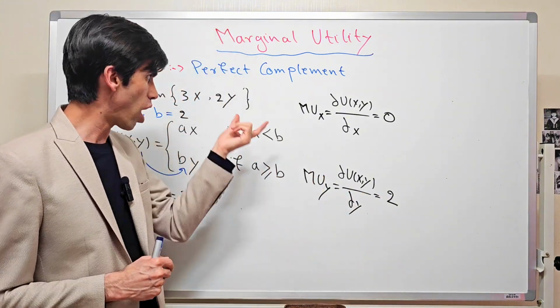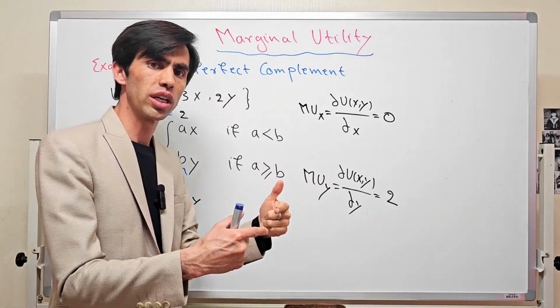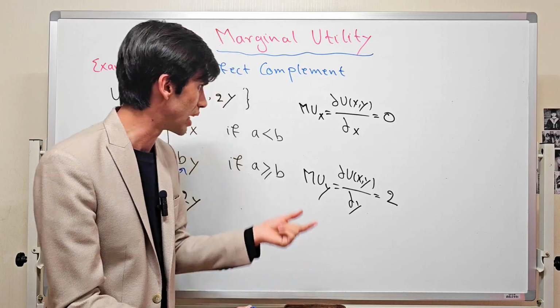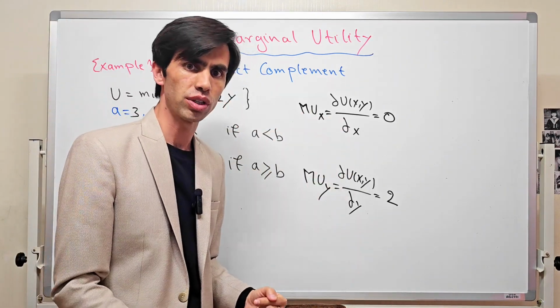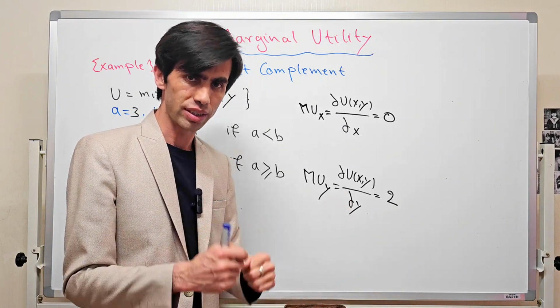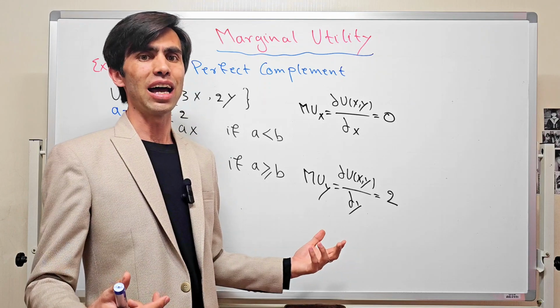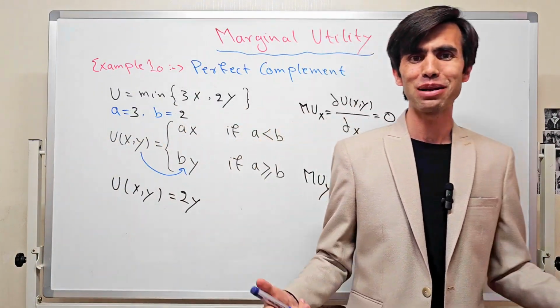But if y is the minimum value in this utility function, then the marginal utility of y will be equal to the coefficient of y, and the marginal utility of x will be equal to 0. So this is a numerical example about the marginal utility of a perfect complement utility function.